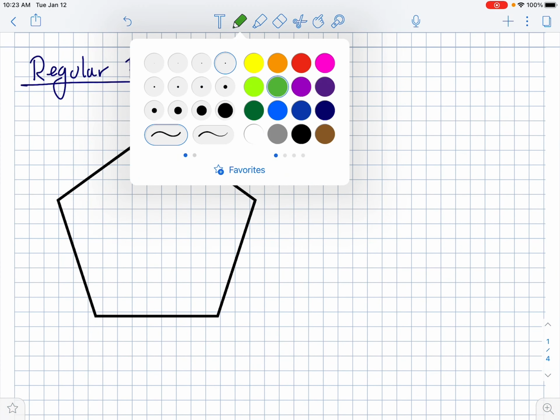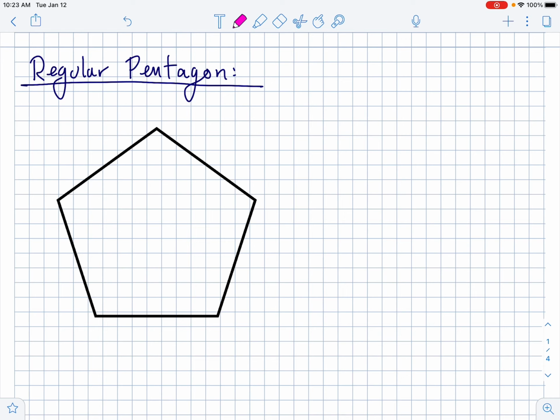The next thing we are going to look at is a regular pentagon. So I'm going to switch back to pink because I want to talk about the lines of reflection first. Similar to the regular triangle, the equilateral triangle, if you take a vertex and then draw a dashed line connecting it to a midpoint of the other side, so that this splits the side completely in half, you could fold this half of the pentagon over and it would match up perfectly with this side.